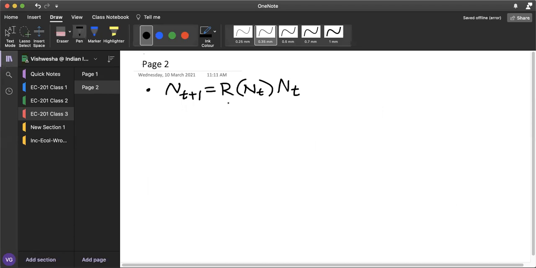This R could be a linear decay with N, it could be an exponential decay, it could be a much more complex function, and that function will depend on the kind of biological processes that are happening. One important thing about this equation is that we are assuming the generations, or the births and deaths, are happening at a discrete time step.